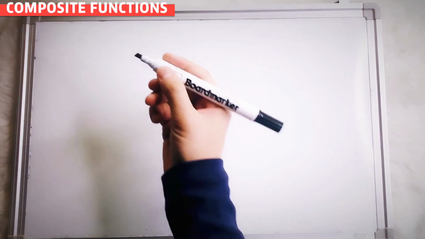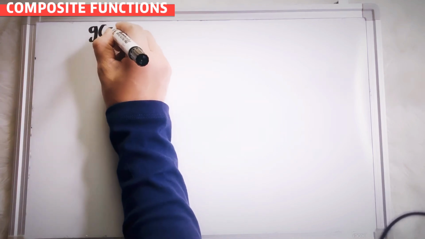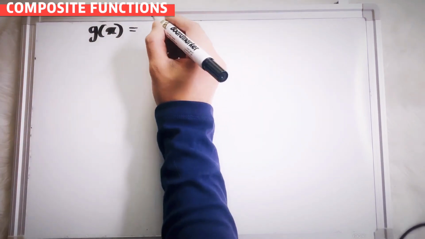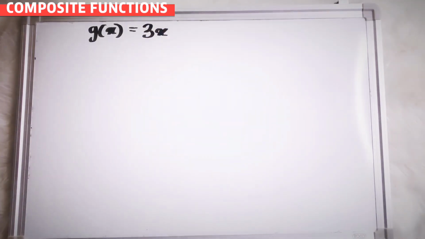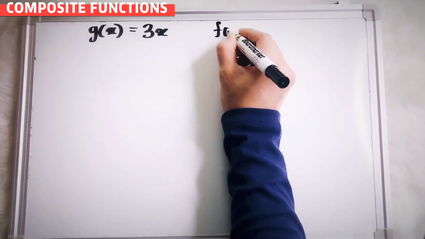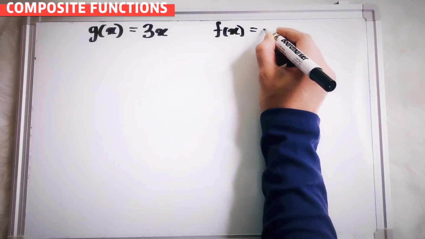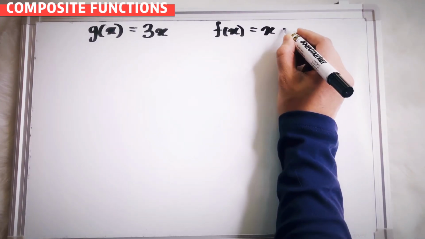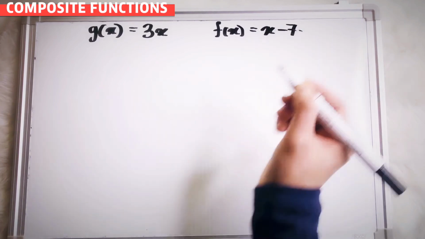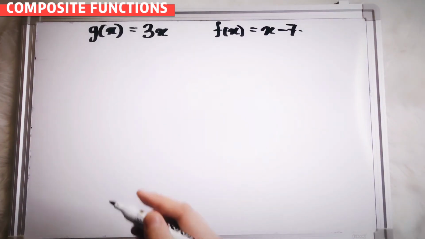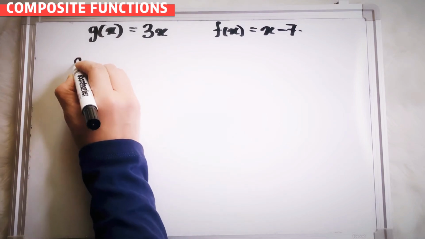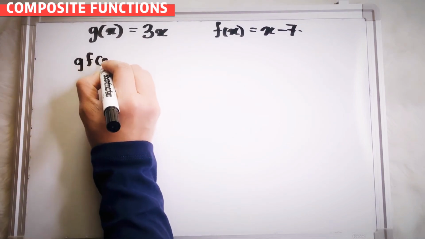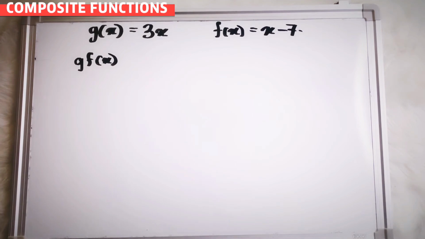We try one more question. Let's say I give you g(x) equals 3x, and f(x) equals x plus 7. Now how do we do g(f(x))?